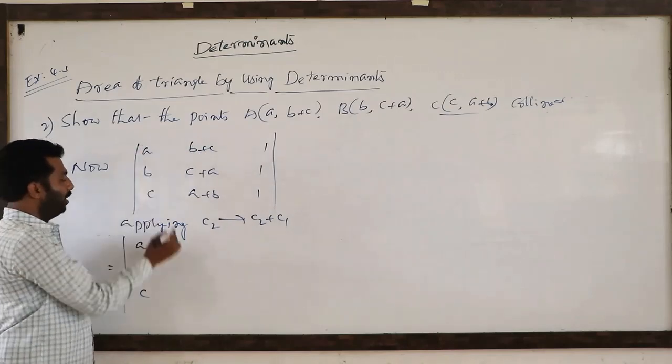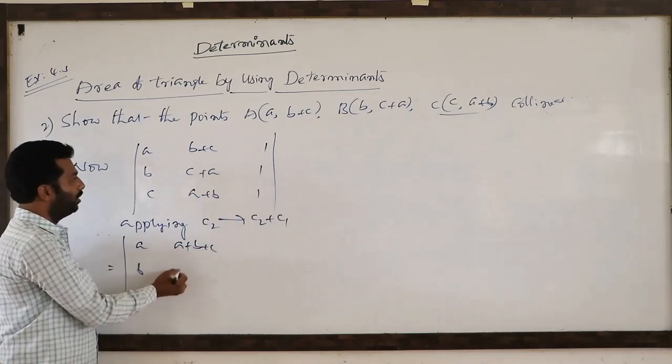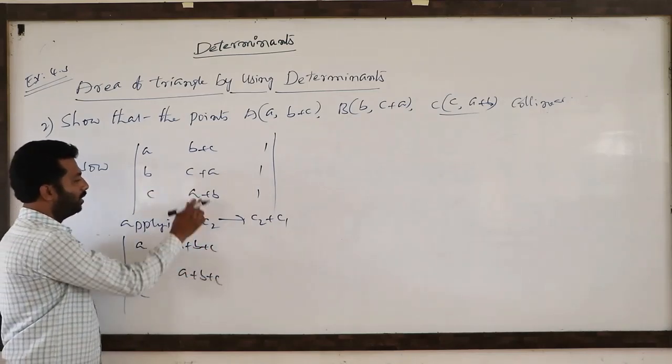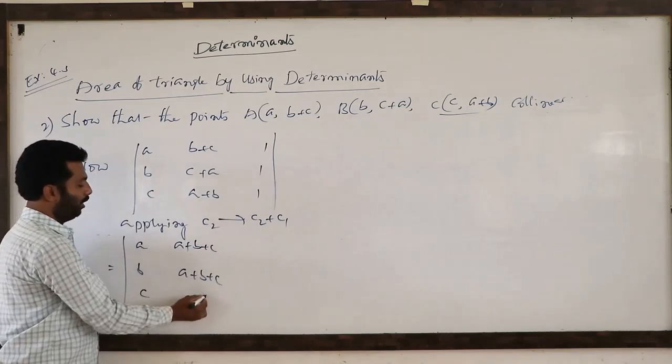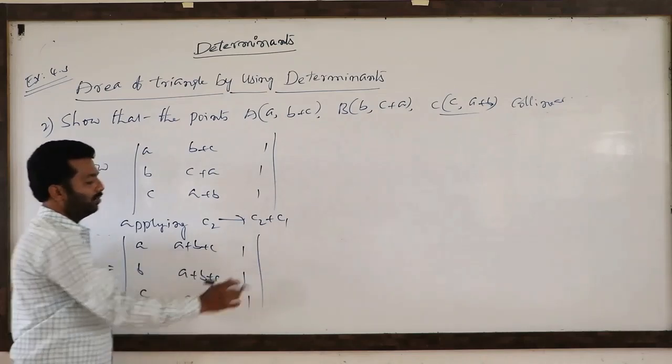C2 plus the corresponding C1 gives a plus b plus c in each entry, and no change in the third column.